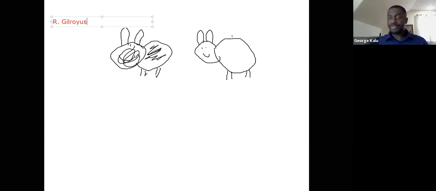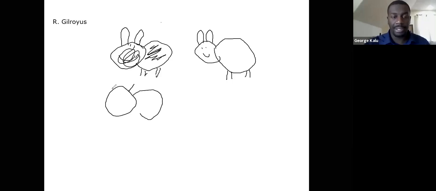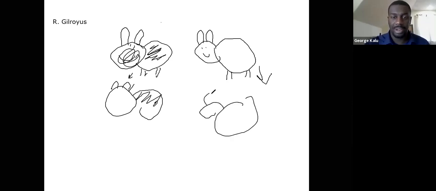Over time, the black rabbits mate with other black rabbits and produce black rabbit babies. The white rabbits mate with other white rabbits and produce white rabbit babies. Sorry, my drawing is terrible.